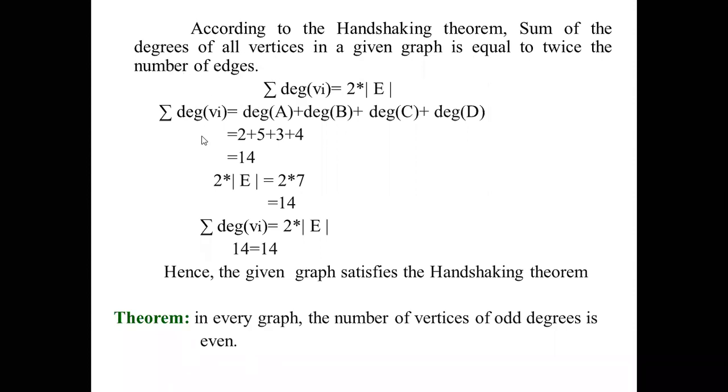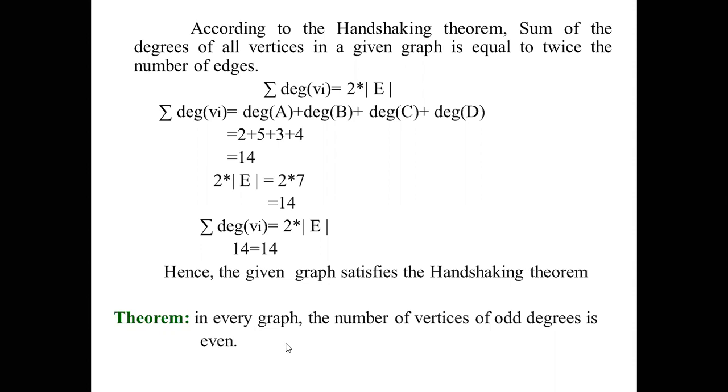So summation degree of Vi, the degree of A plus degree of B plus degree of C plus degree of D, is equal to 2 plus 5 plus 3 plus 4. Total value is 14, and RHS value twice the number of edges. So here number of edges are 7. So 2 into 7 is equal to 14. Hence the given graph satisfies the handshaking theorem. Okay.